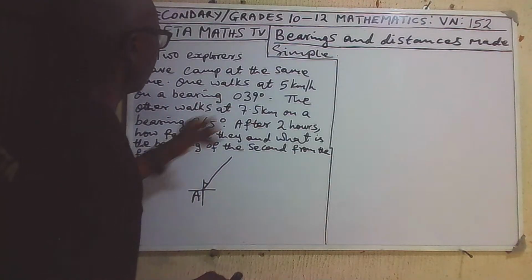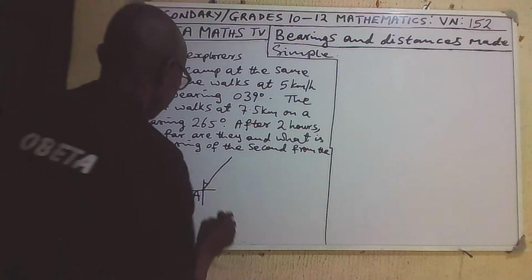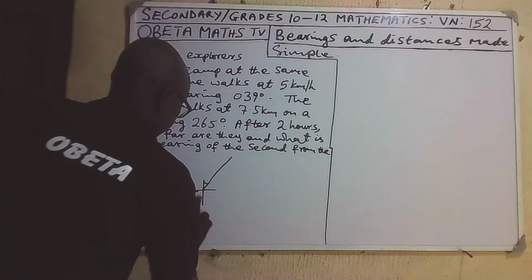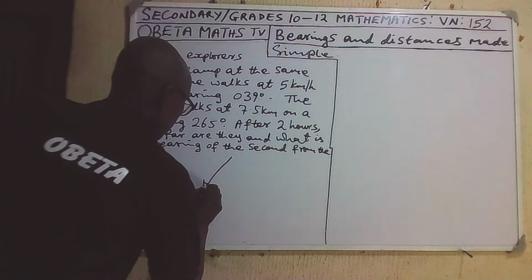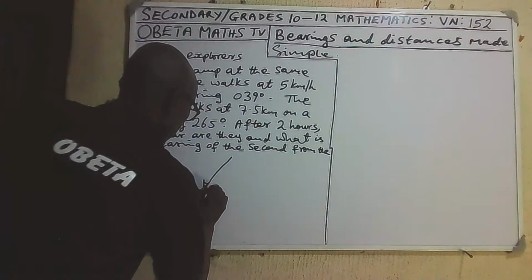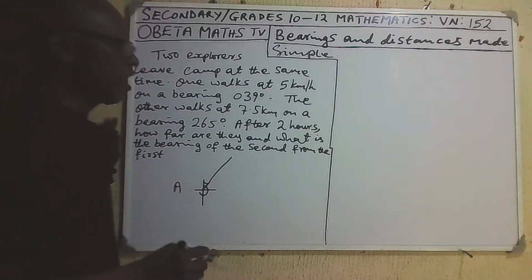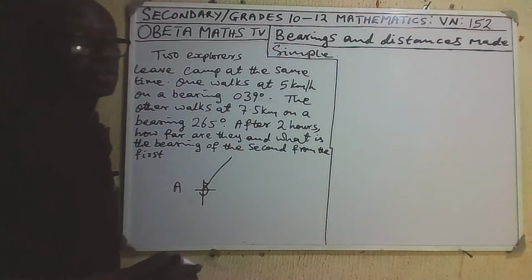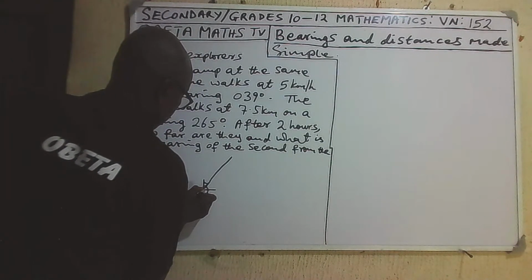The other walks on a bearing of 265. You go round just 5 degrees past 270, so that would be something of this nature.